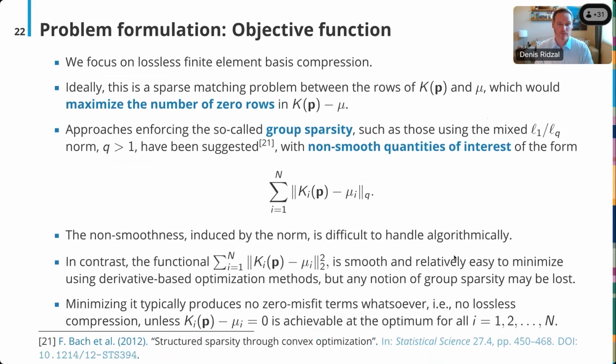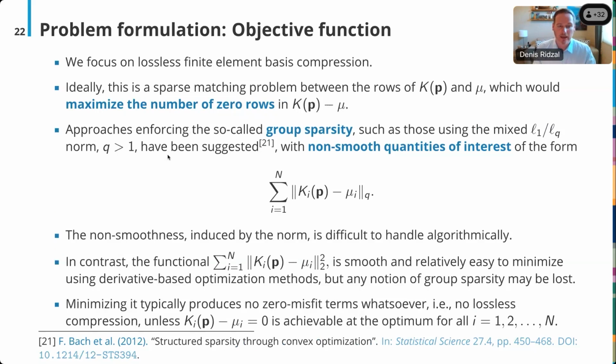So how do we define the objective function? Well, I said we want to focus on lossless compression, and so ideally this is a sparse matching problem in which we're trying to maximize the number of 0 rows in the quantity K of P minus mu. So these are our Jacobians, and these are our targets.